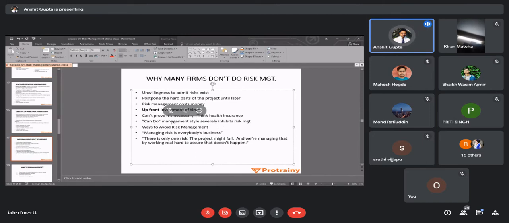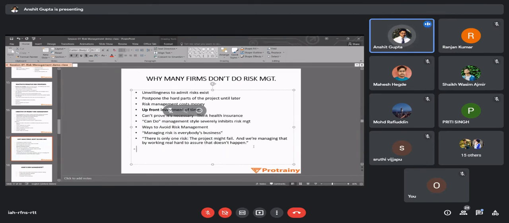Another main issue, a can-do management style, severely inhibits risk management: I will handle whatever will happen. With that kind of management strategy, they find ways to avoid risk management. They think that managing risk is everybody's business, so why should only one person handle it. Even I used to feel that, though I used to perform risk management: managing risk of such a big project is everybody's business, so why is all the load on my head?